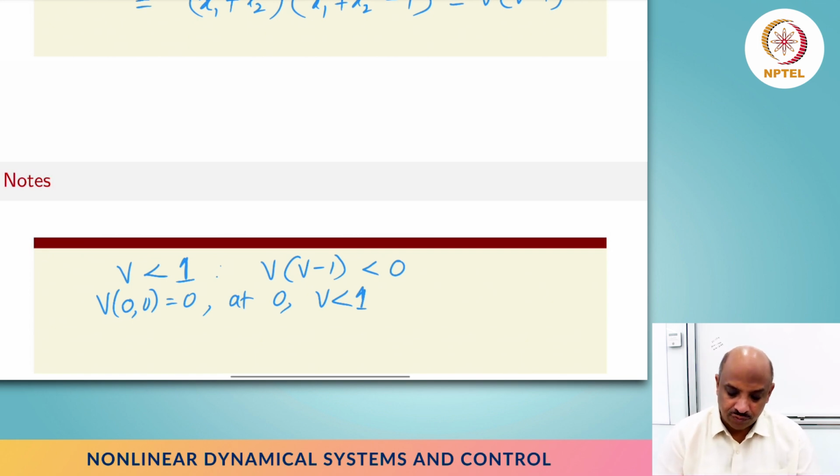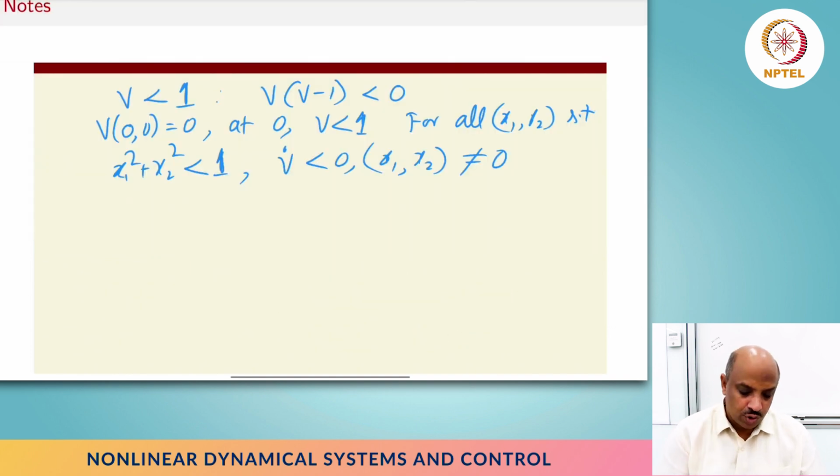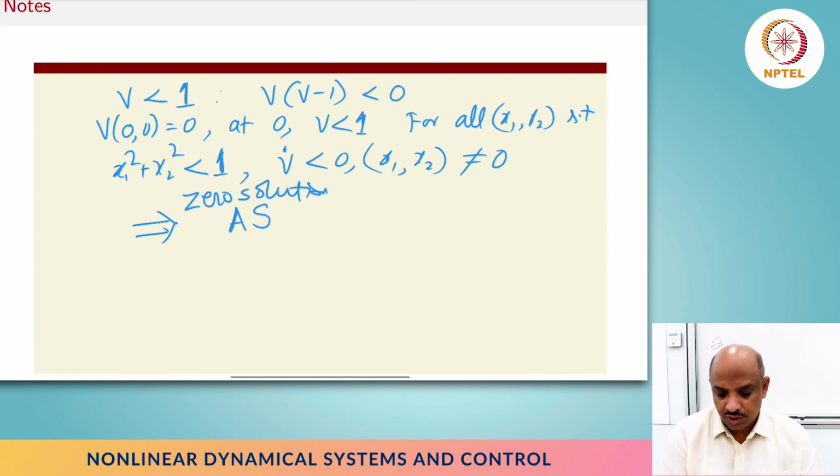In fact, for all x1, x2 such that x1 squared plus x2 squared is less than 1, we have v dot strictly less than 0 for x1, x2 not equal to 0. So therefore, we conclude that this system is asymptotically stable. The zero solution is asymptotically stable.